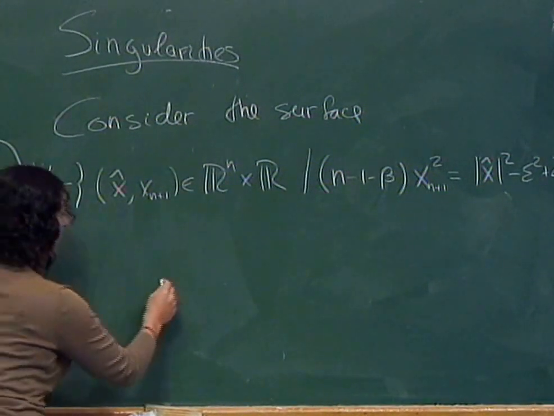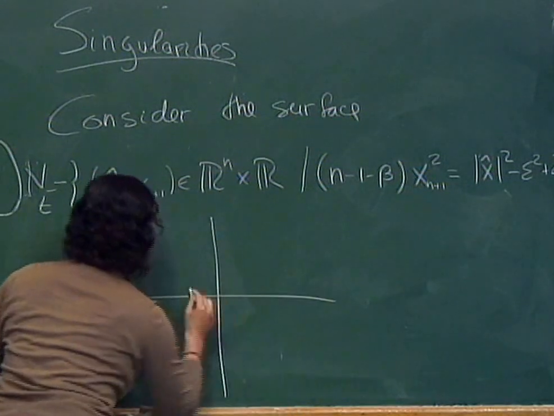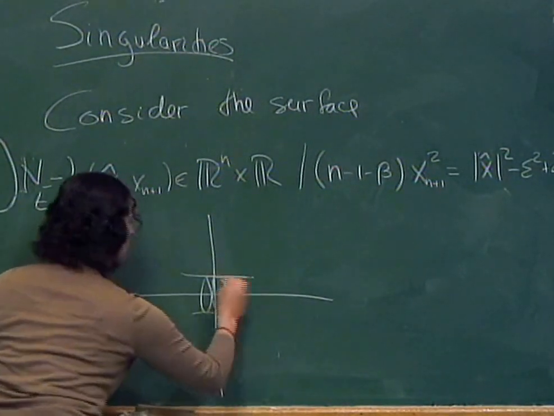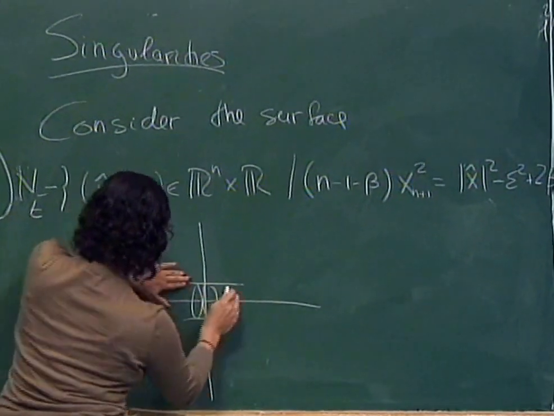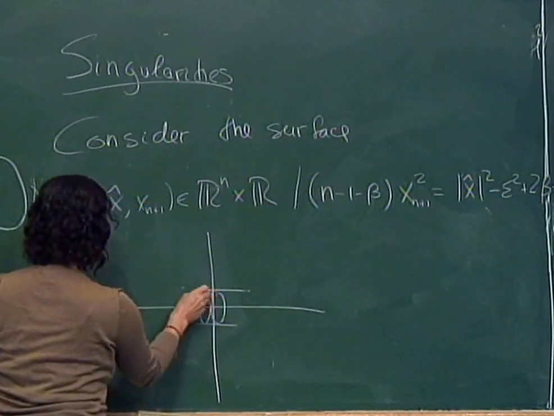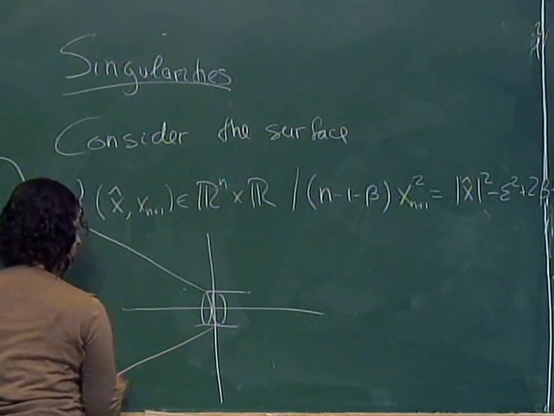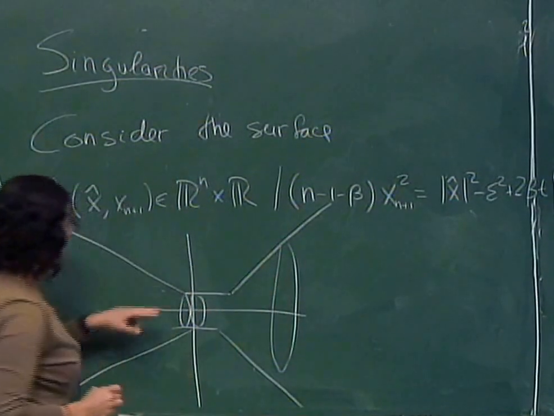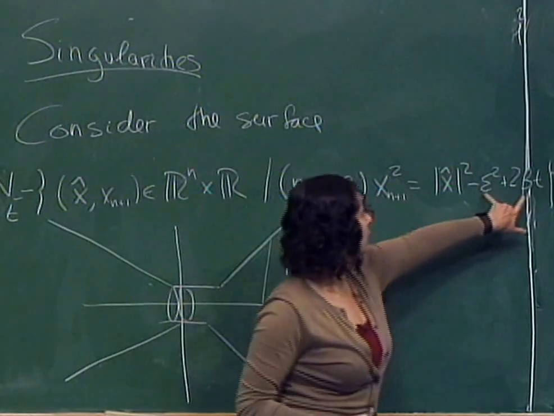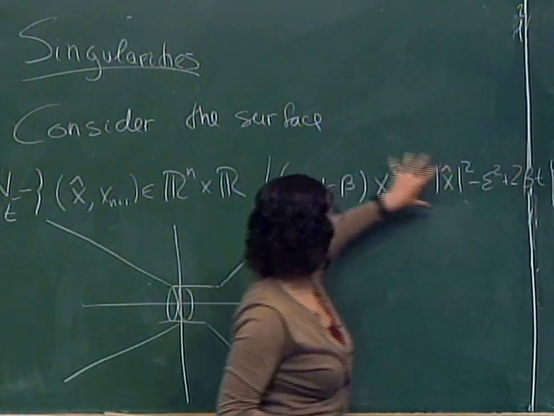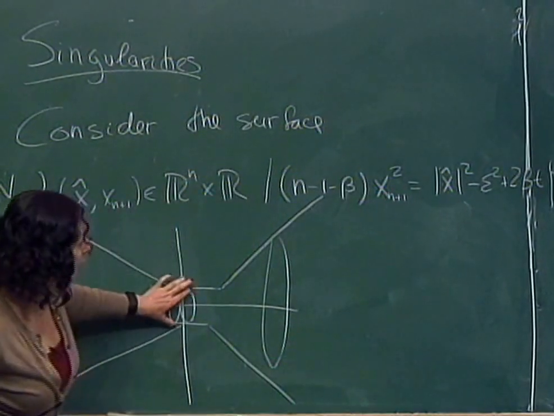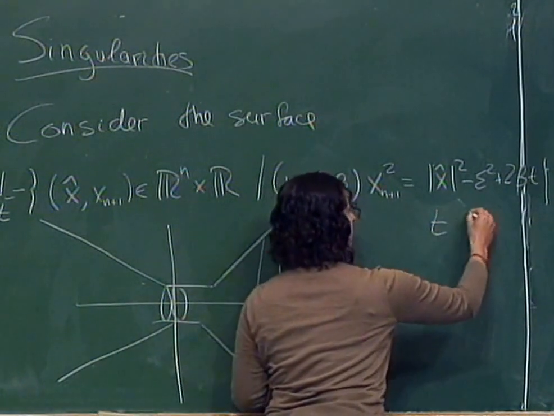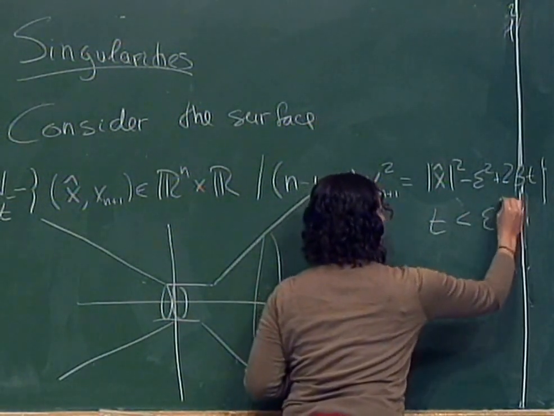So this looks like a rotationally symmetric surface. I'm not very good at drawing. And here you have that this is opening up. Rotationally symmetric. But this is well defined as long as this is positive, because I mean, this is well defined here as long as this is positive. So this is just for t less than epsilon squared over 2 beta.